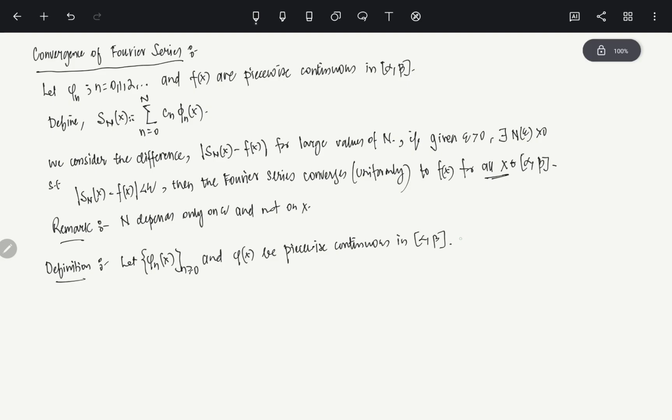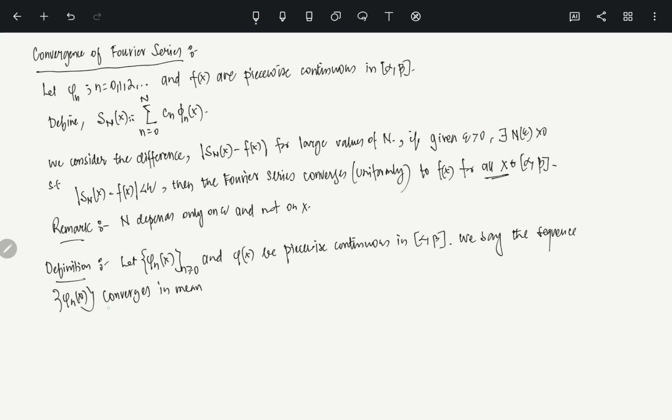We say the sequence phi n of x converges in mean. This is very important.